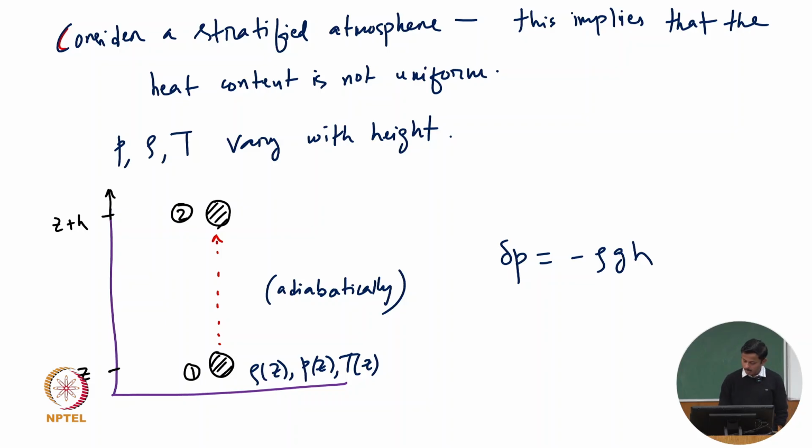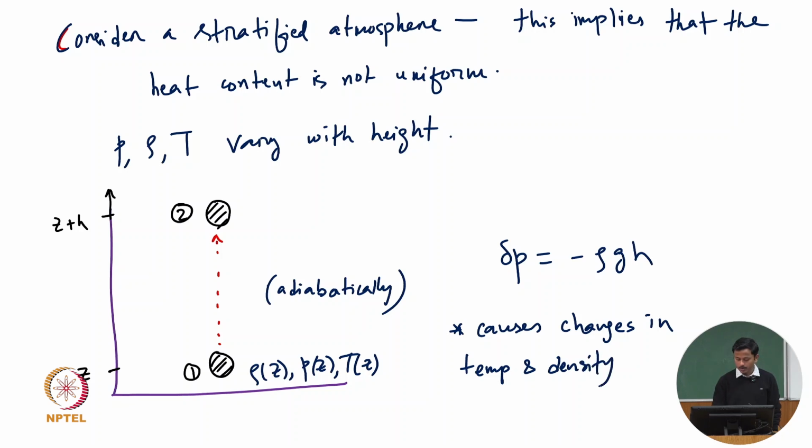Now this change in pressure causes change in temperature and density according to the adiabatic relationship that we write on the next page.